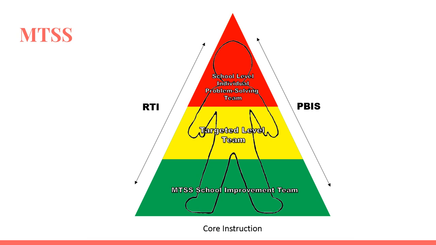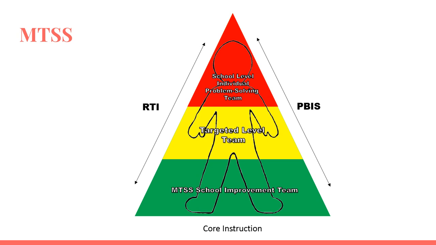Looking at the bottom part, the biggest part of the triangle there is green. Within that green, that includes all students and how they are progressing on skills. So the majority of your students are going to be okay. They're going to meet those standards at grade level.